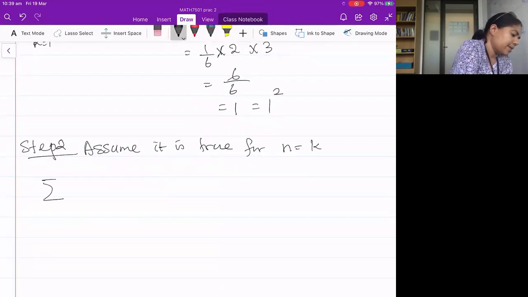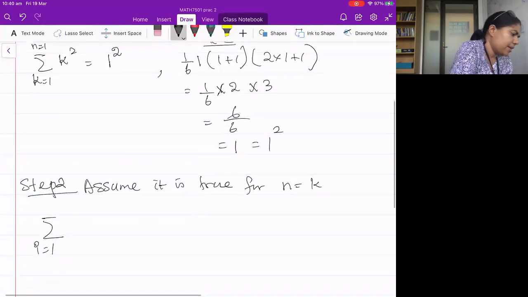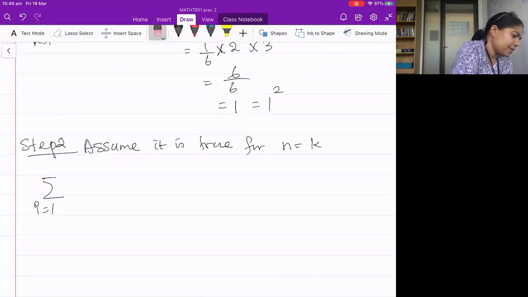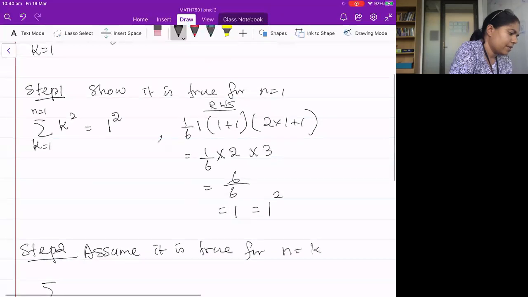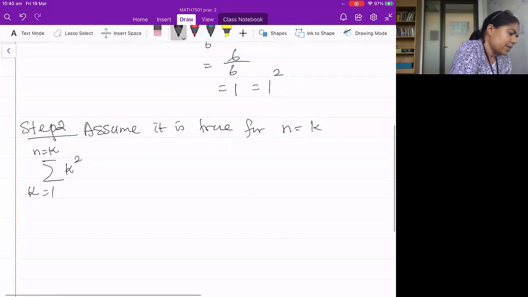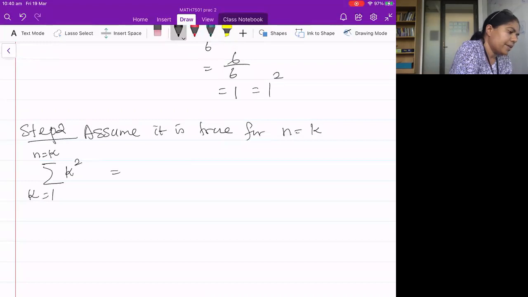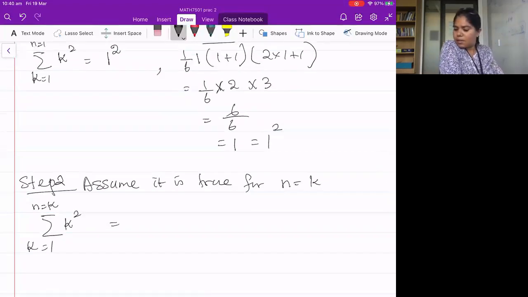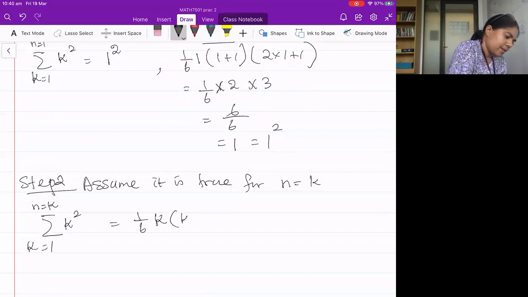That is the sum of k squared, k goes from 1 to k, should be equal to 1 by 6 k, k plus 1, 2k plus 1.